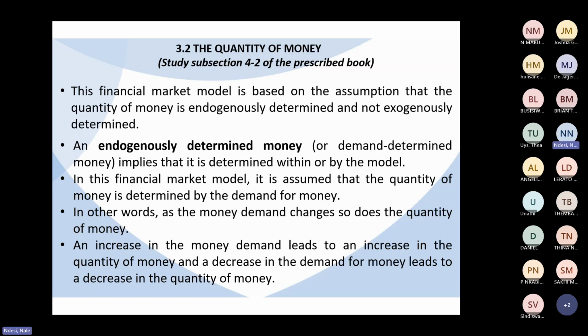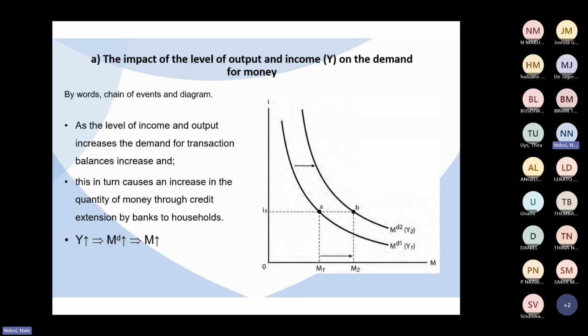So now let's look at the impact of the level of output and income on the demand for money, as well as on the quantity of money.